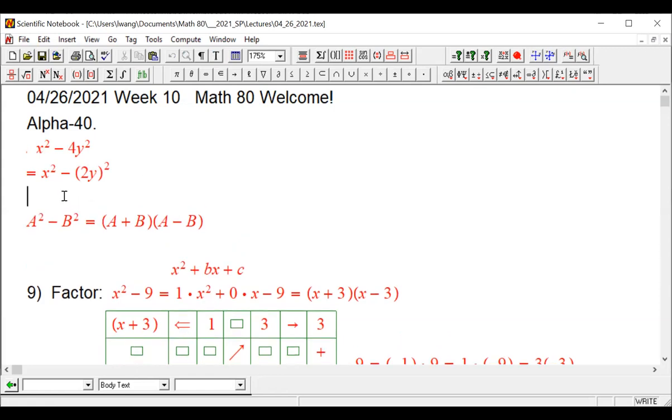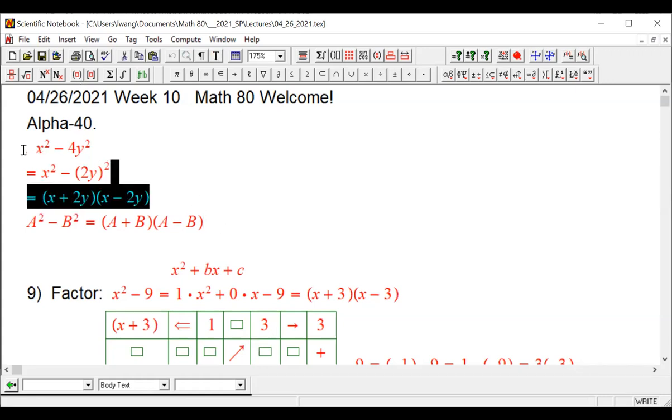And here we go. We can just use that formula, where x is a, 2y is b. So we're gonna have x plus 2y multiplied by x minus 2y. Got it? So this is number 11. Would you like to try number 12?